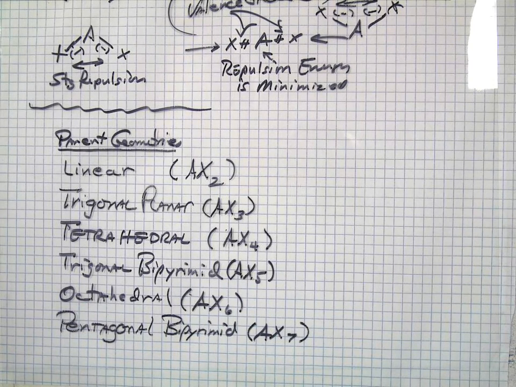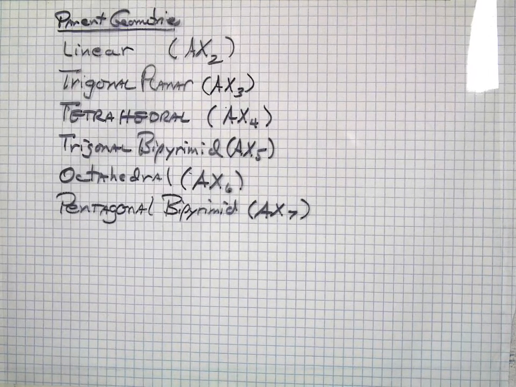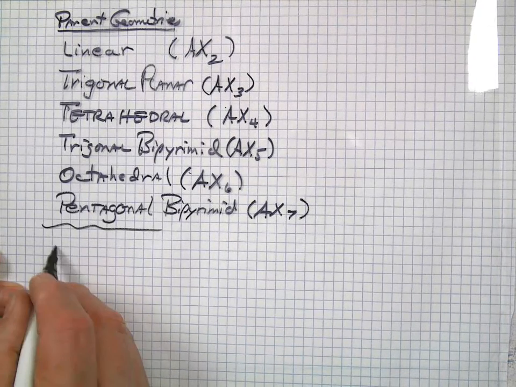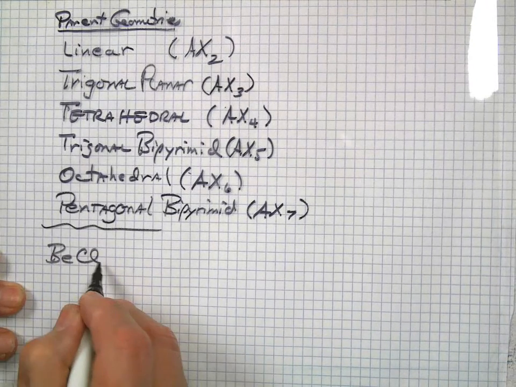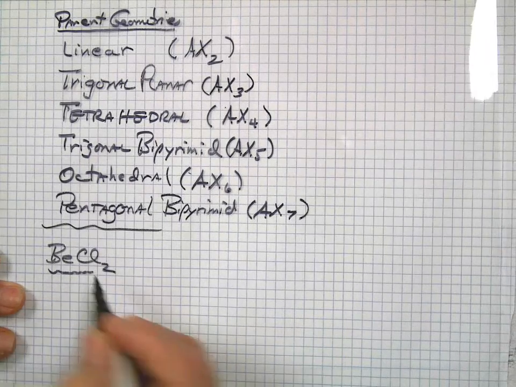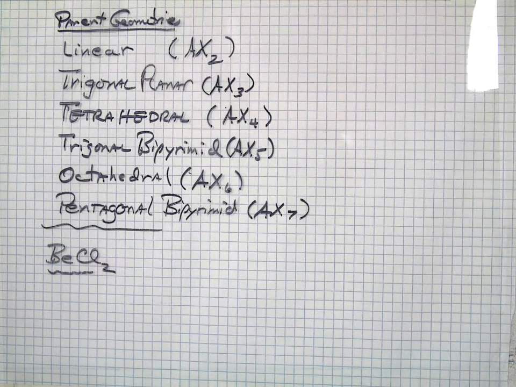Okay, so we begin with linear, of course, and let's start out with beryllium dichloride. Now what you need is three things: the valence number, the substrate number, and the free pairs if it has any.